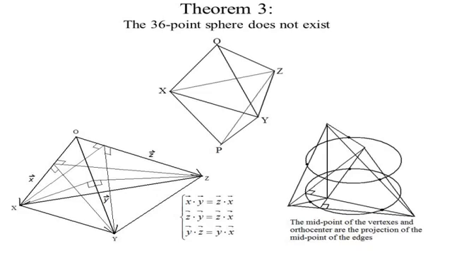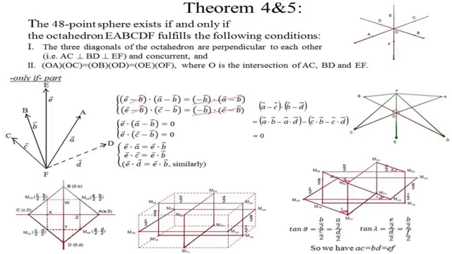And we noticed that an orthocentric tetrahedron contains 2 equal circles in this 24-point sphere, so the center of the 24-point sphere must exist inside the tetrahedron. So the 36-point sphere cannot have 2 centers. Therefore, the 36-point sphere doesn't exist in a hexahedron.